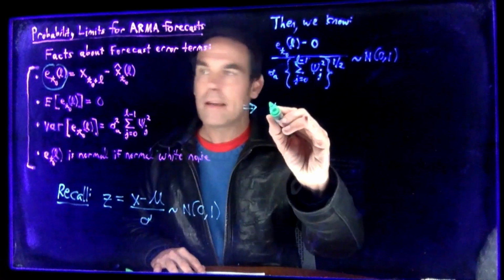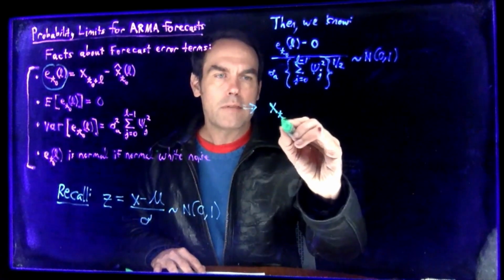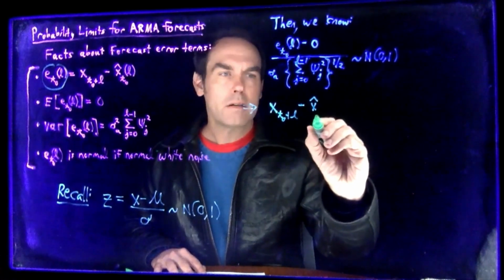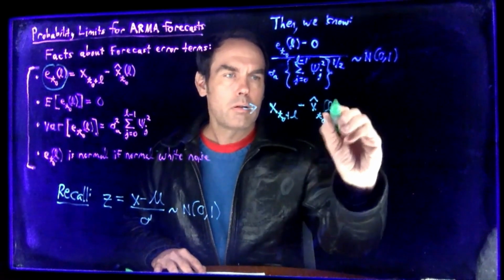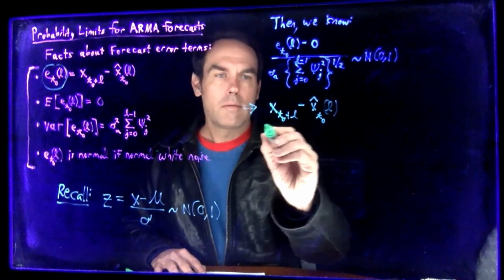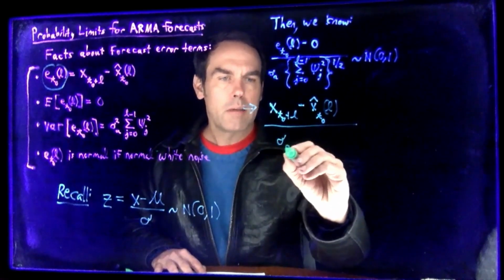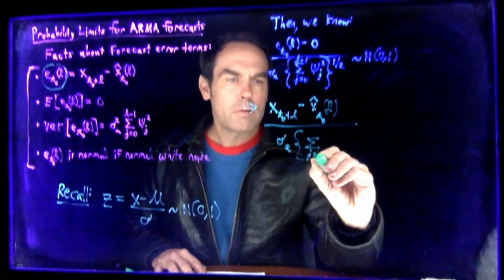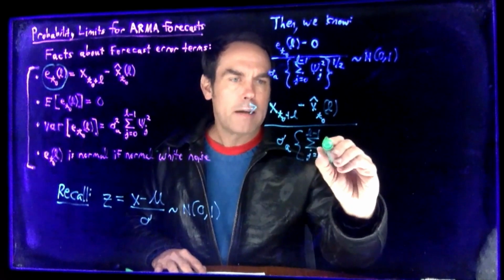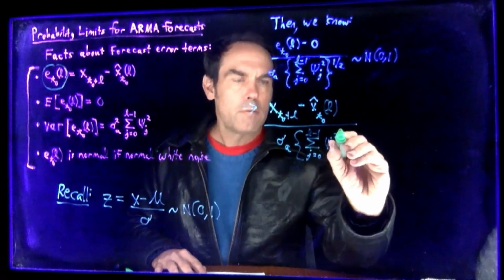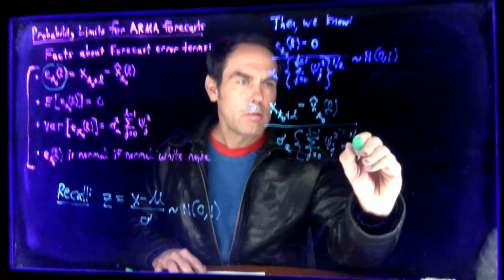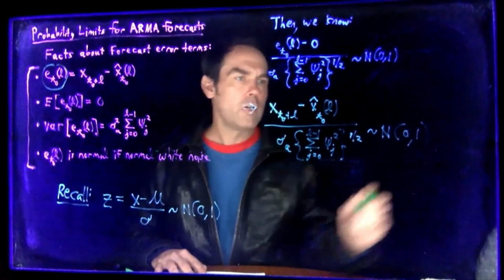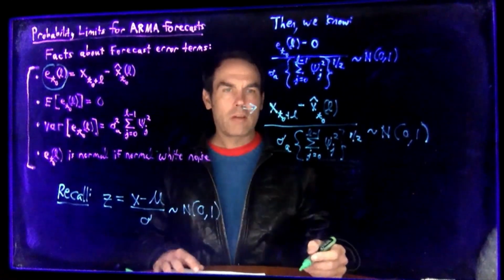That would then say that x of T naught plus L minus x hat of T naught of L, divided by sigma A times the square root of the sum from j equals 0 to L minus 1 of psi j squared, to the 1/2, should be distributed normally with a mean of 0 and a standard deviation of 1.